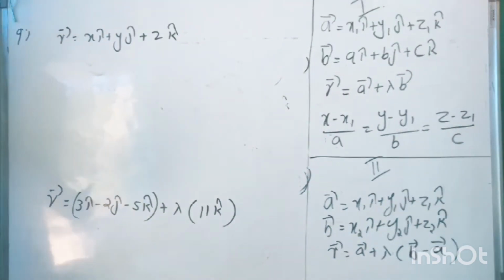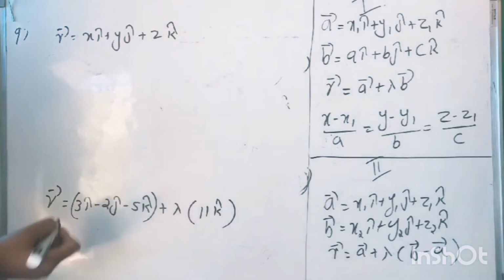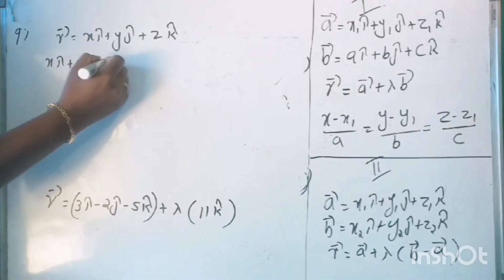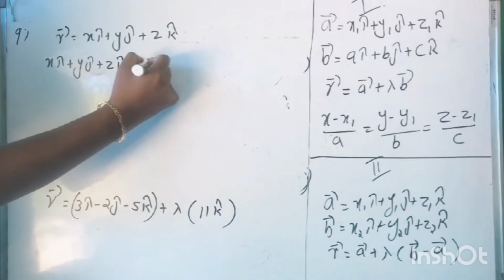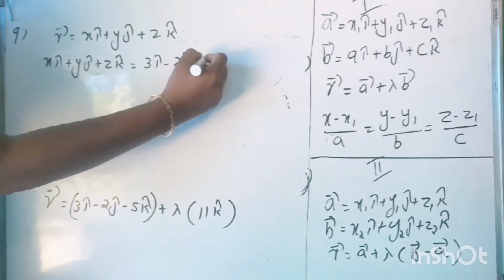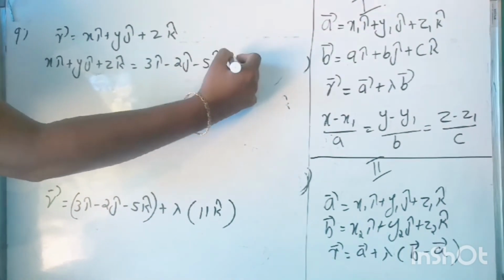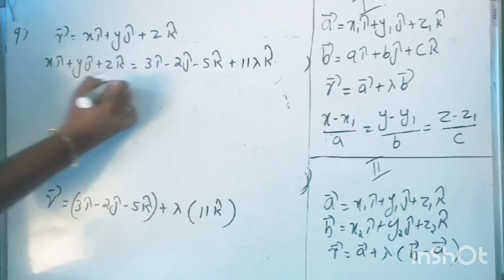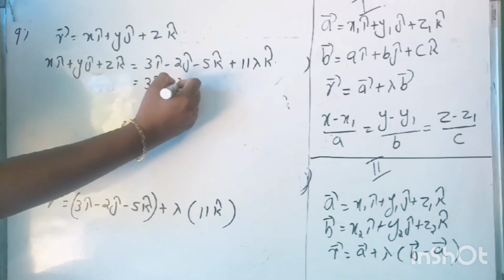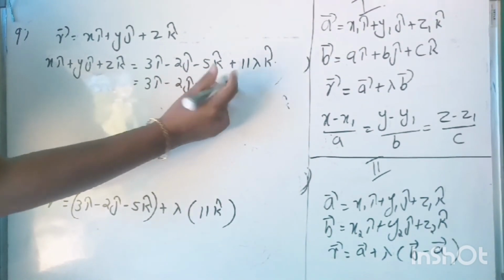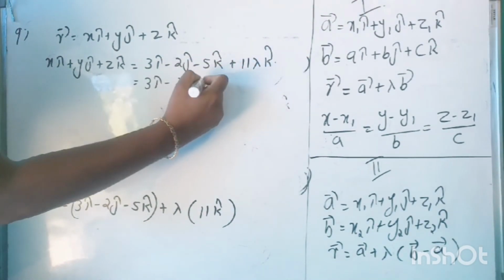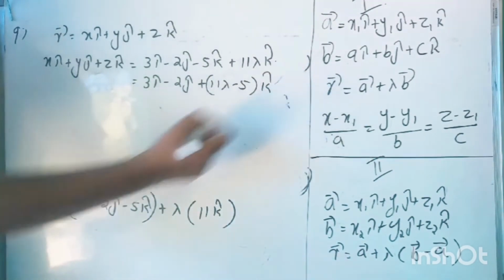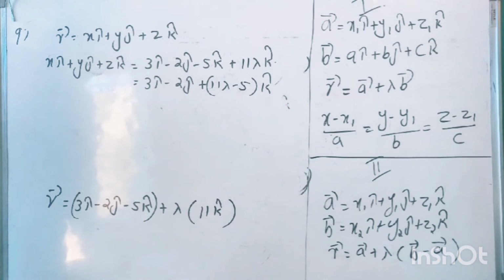Then this becomes xi plus yj plus zk is equal to 3i minus 2j plus 11 lambda minus 5k.